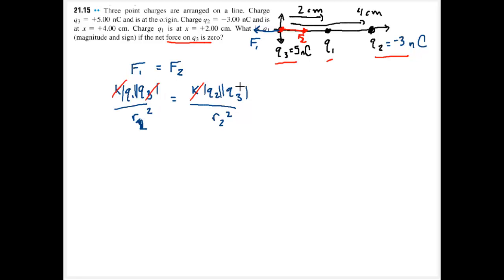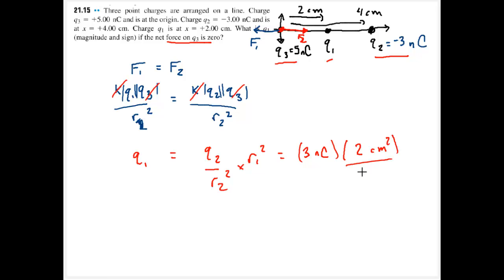We can actually see that Q3 is going to cancel out, and I can write Q1 to simply be equal to Q2 divided by R2 squared multiplied by R1 squared. So that's going to be equal to 3 nanocoulombs multiplied by 2 centimeters squared divided by 4 centimeters, pull the squared out right there.